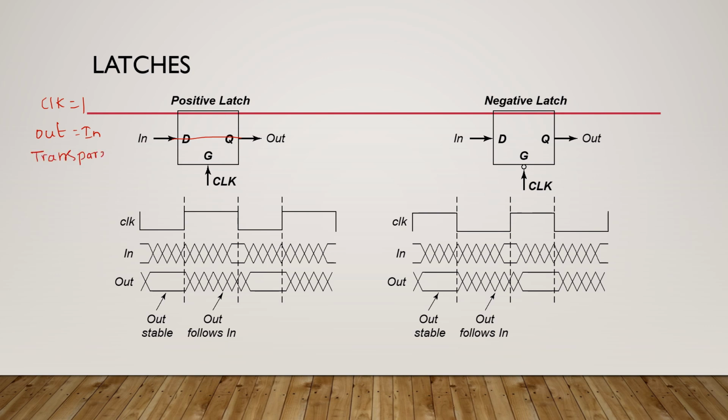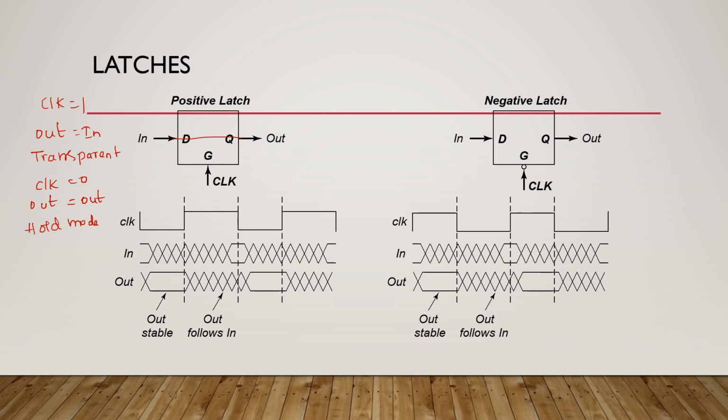Transparent means whatever changes at the input side is transparent at the output side. Okay. Suppose when my clock is 0, my output maintains the previous value. It won't copy from input side to output side when my clock is 0. So then we can say the latch is in hold mode, right?